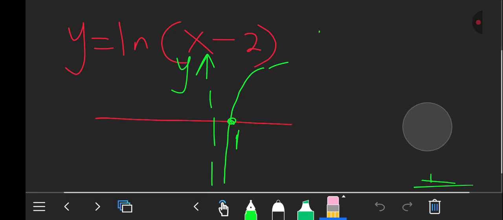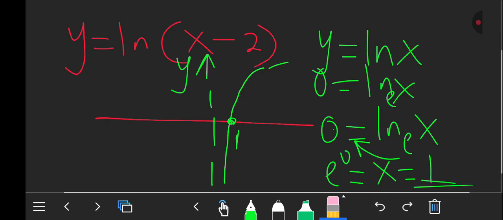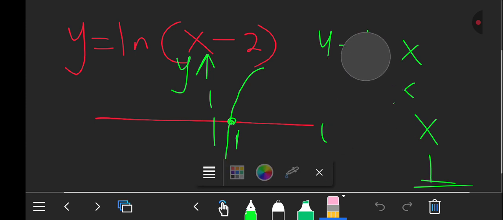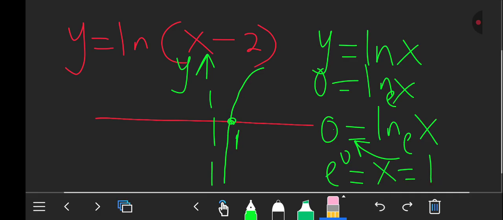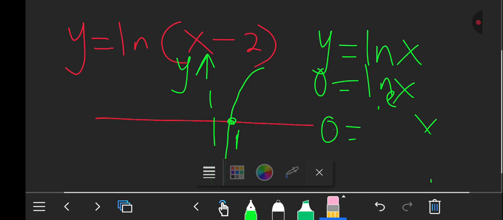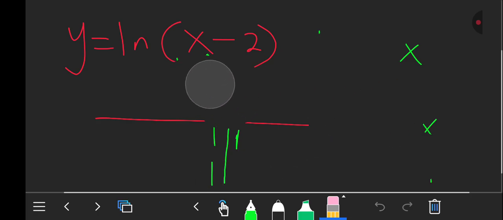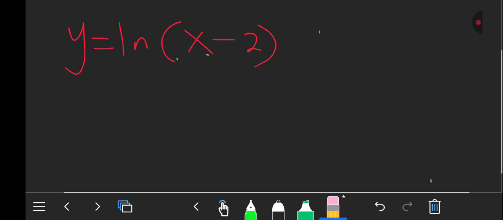So now we have the horizontal shift. We can find first where the graph will be shifted.